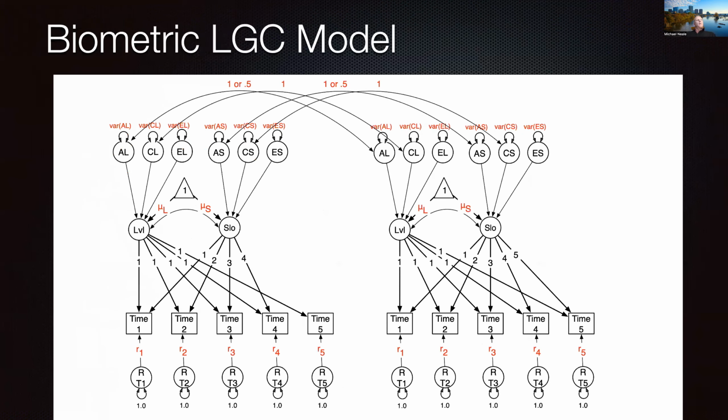So how do we convert that extremely well described latent growth curve model? It was very well described by Bobby Mulder in the earlier videos in this section. And extension to data collected from relatives is actually a remarkably straightforward kind of thing.